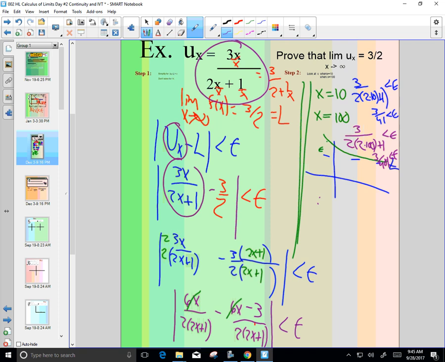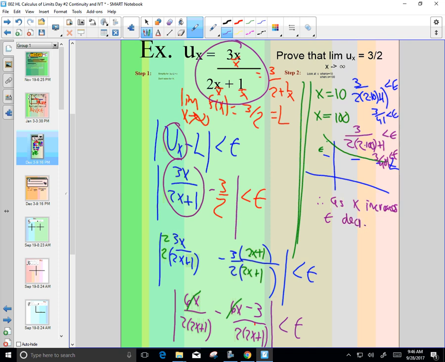So we can say, therefore, this is a shortcut for therefore, 3 little dots, since, I'm not going to say since, I'm going to say as, x increases, epsilon does what? 3 over 41 to 3 over 401, x decreases.